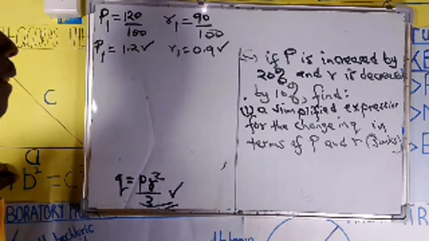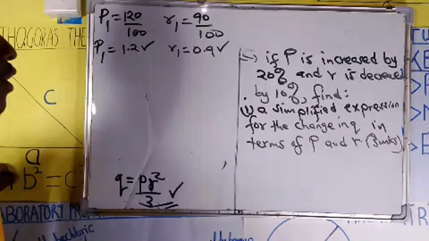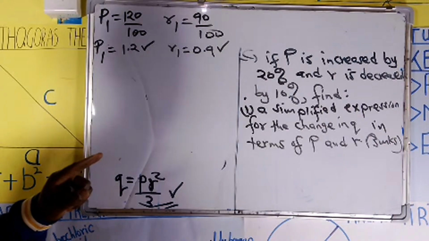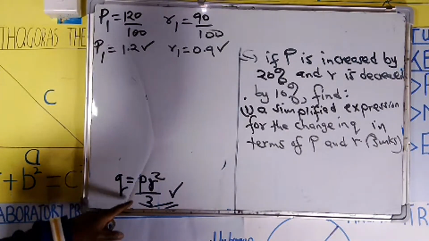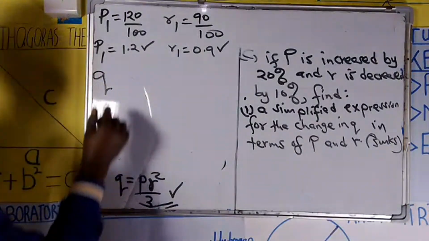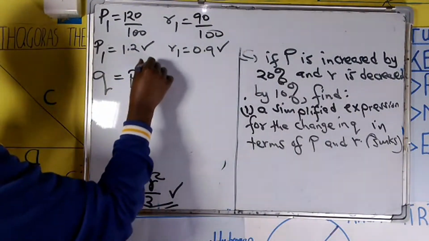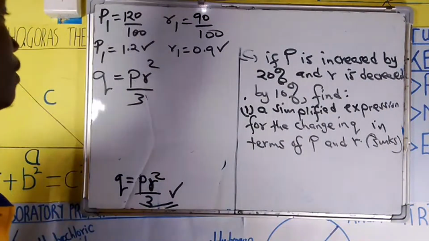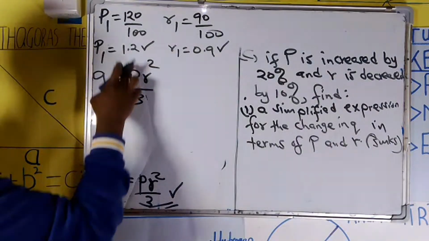So write a simplified expression for the change in Q in terms of P and R. So don't forget that Q is equal to PR squared over 3. For us to get a simplified equation, we will replace these values here.